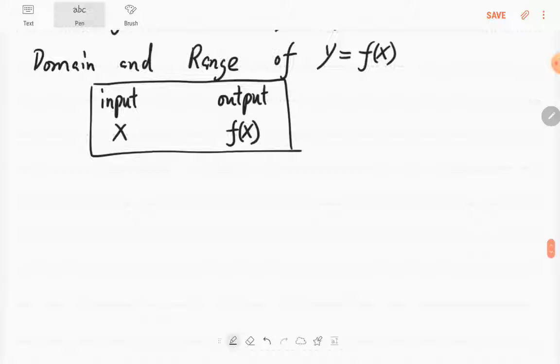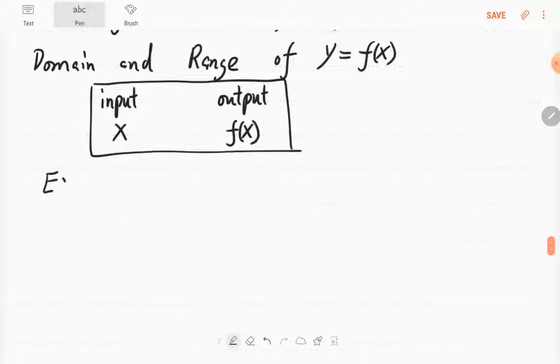The domain is all the x values that you can plug in, that you can input. The range is the collection of all the outputs.